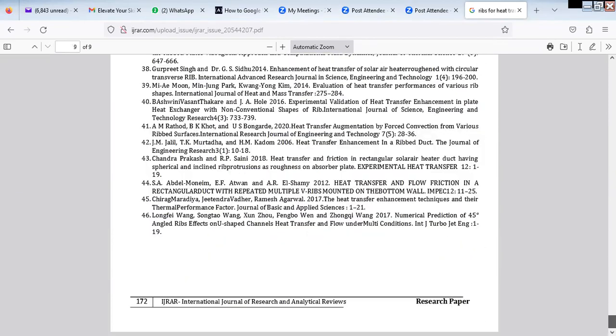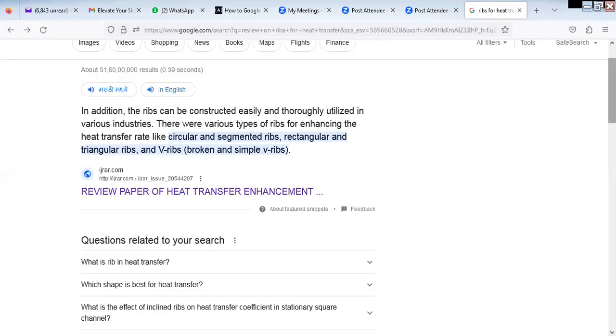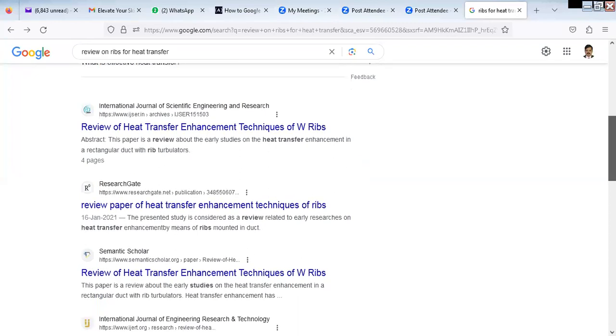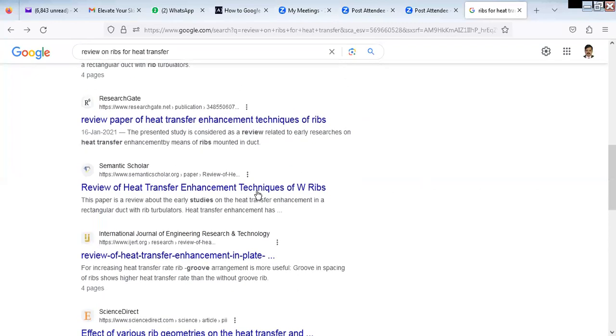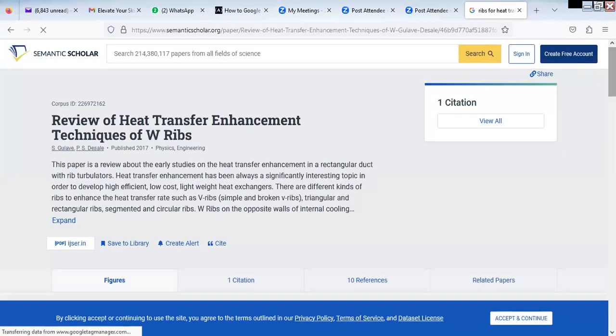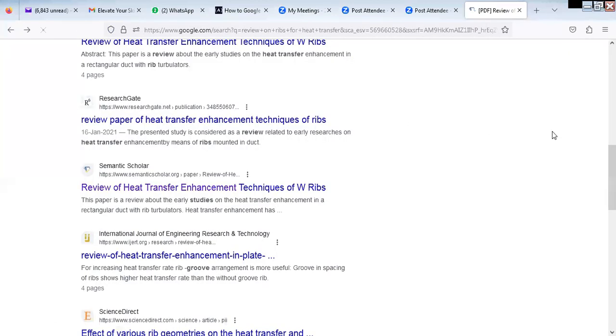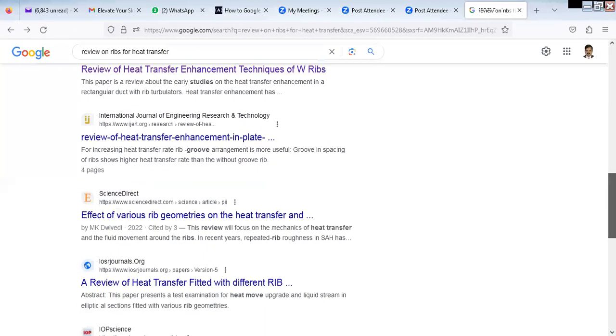Here it is 46, sometimes it may be 100, 110. That paper you can use. Here it is review on heat transfer enhancement for ribs. Our interest is general.